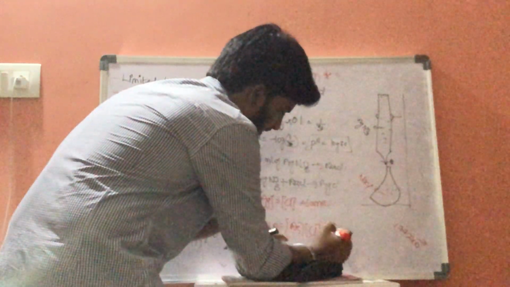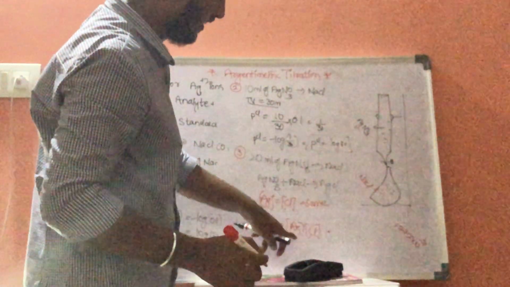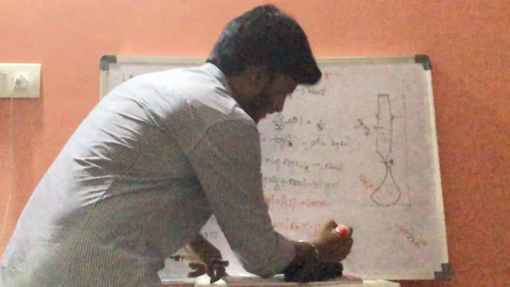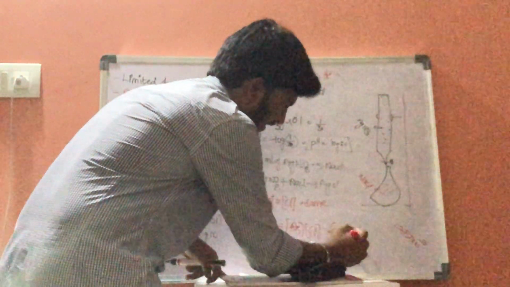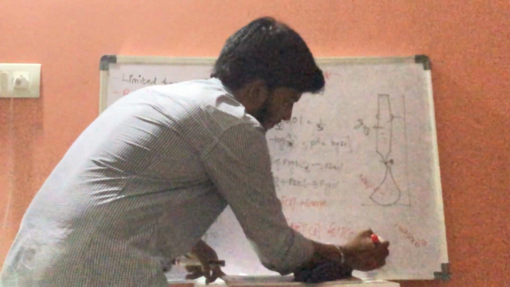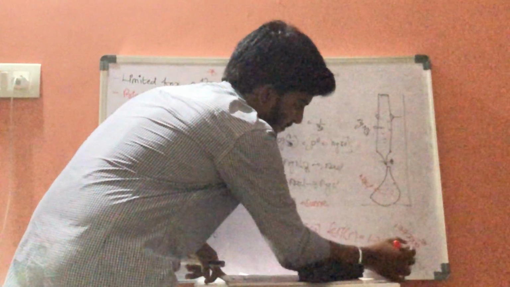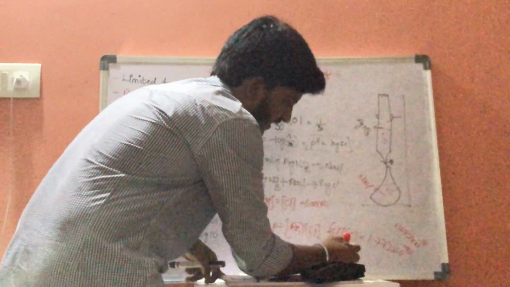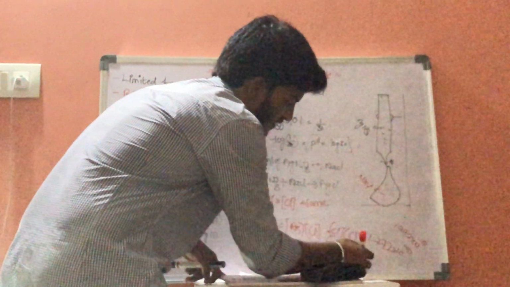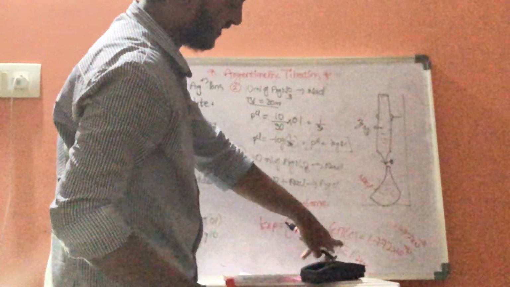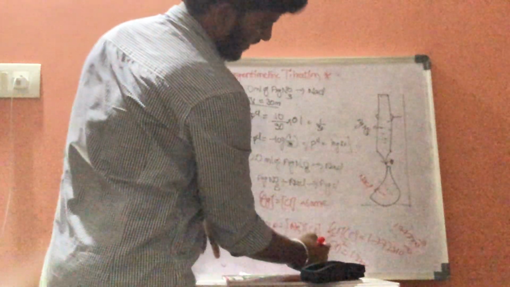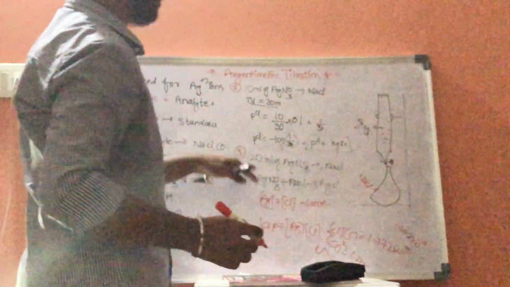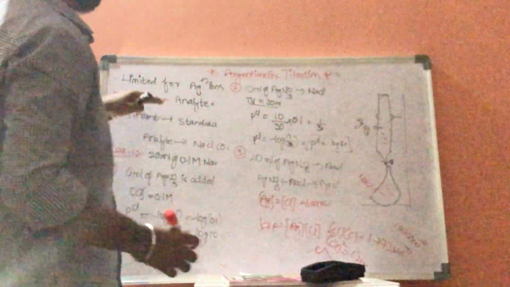Now as I said, Ag is equal to Cl. We can write Cl into Cl is equal to 1.772 into 10 power minus 10, so Cl square is equal to 1.772 into 10 power minus 10. Now if the square goes to this side, it becomes a square root. This is the third case.